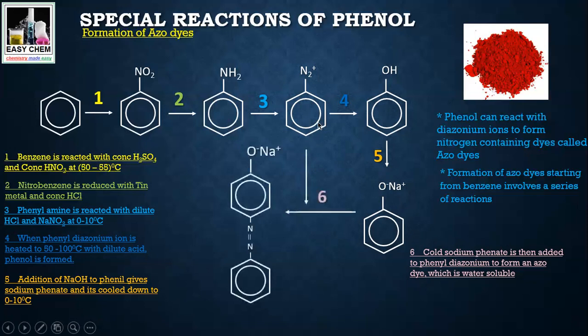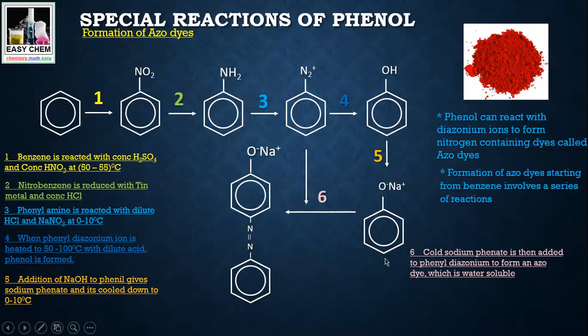Here, you are adding phenyl diazonium ion to cool sodium phenate. See what happens. Always remember, when this sodium phenate reacts with phenyl diazonium, this phenyl diazonium ion gets attached to the ring in benzene, sodium phenate, at the 4th place.